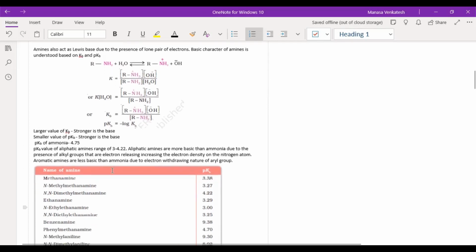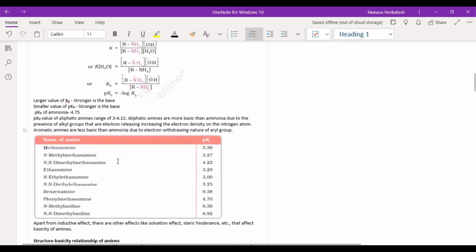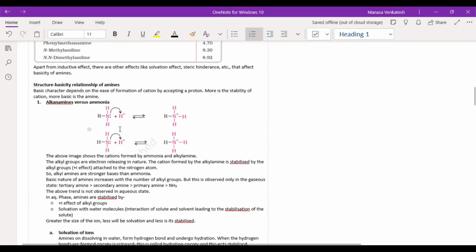Now, for aliphatic amines, the pKb ranges from 3 to 4.22. The reason aliphatic amines are more basic than ammonia is that when they act as a Lewis base, they accept the proton, and these two are going to be different with respect to their stabilities. Here you have an alkyl group, whereas here you just have a hydrogen atom.